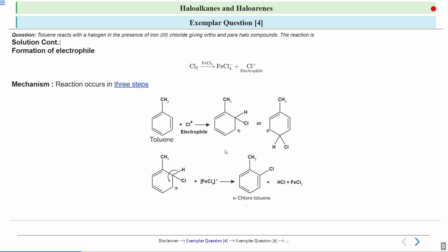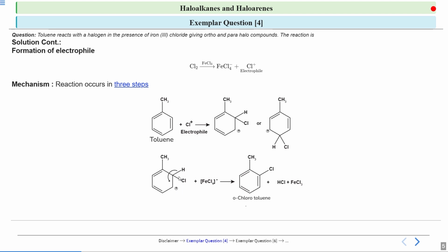Then the third step is the stabilization of this carbocation by resonance. So you get this molecule where the chlorine is attached at the ortho position. We are taking a case where chlorine is attaching at the ortho position. Now what will happen?